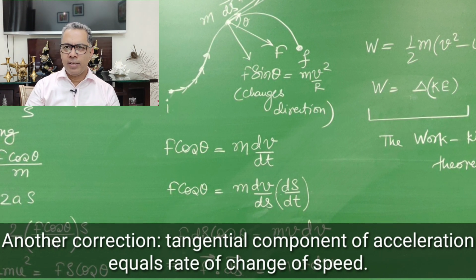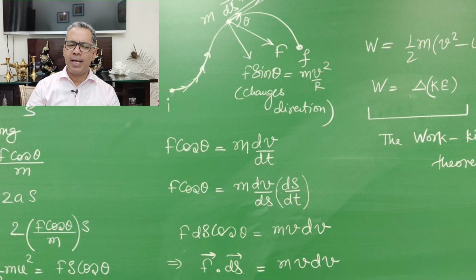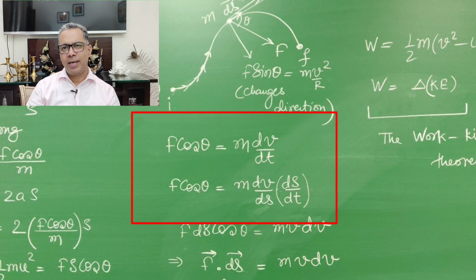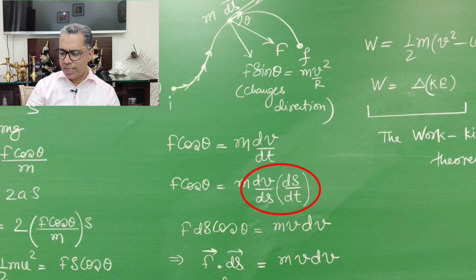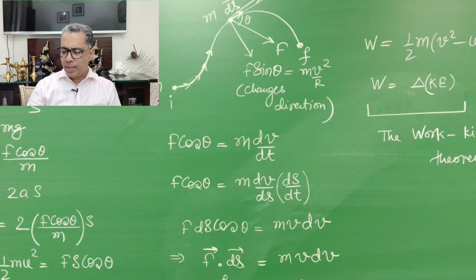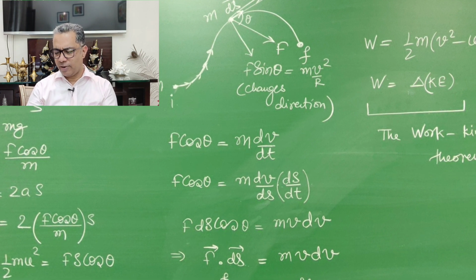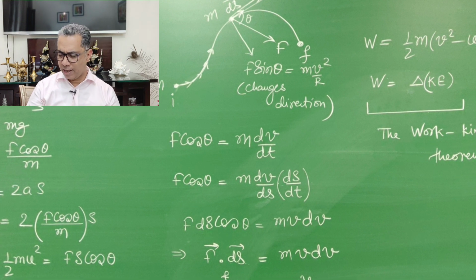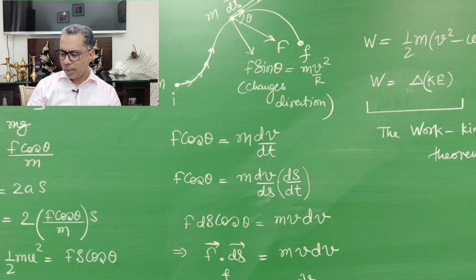Now what we're going to do is replace m into dv by dt by m into dv by ds into ds by dt. So dv by dt has been replaced by dv by ds times ds by dt, and we take one of those ds's in the denominator to the left hand side, so we have f ds cos theta now equals mv dv.